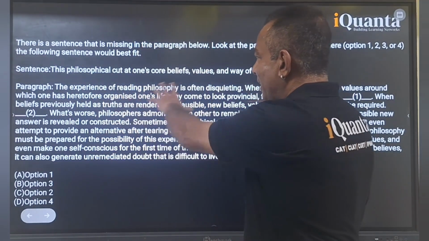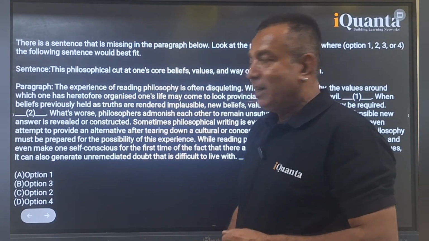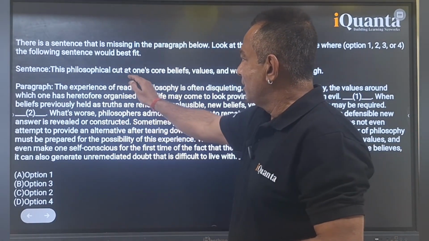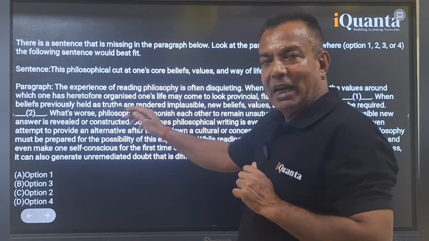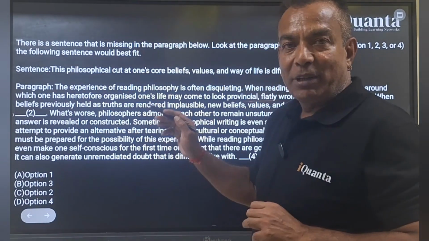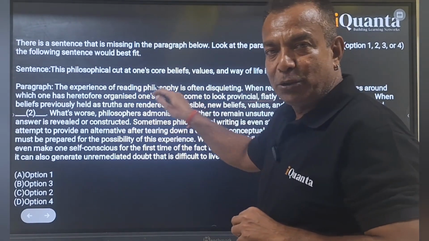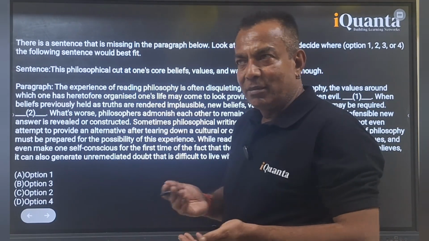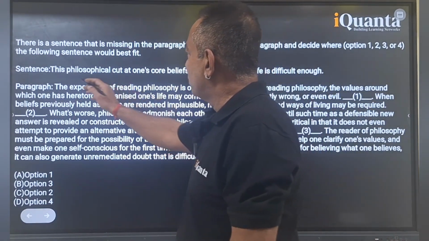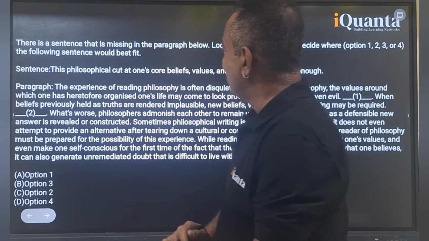Obviously, this is a paragraph, but this sentence here has to go in somewhere, and we have 4 options that we can include this sentence into this paragraph to make it lucid. Right? So let's read the sentence.